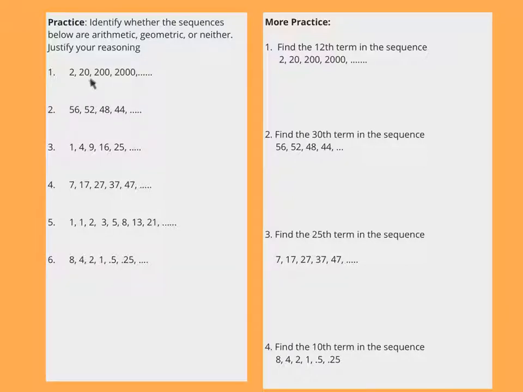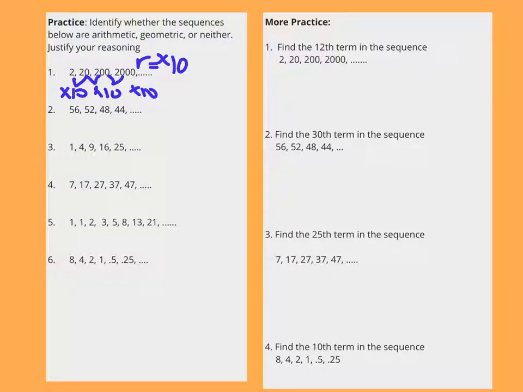If we look at the ratio here, 20 divided by 2 is 10. 200 divided by 20 is 10. 2,000 divided by 200 is 10. So we have a constant ratio. We're multiplying by 10 each time.